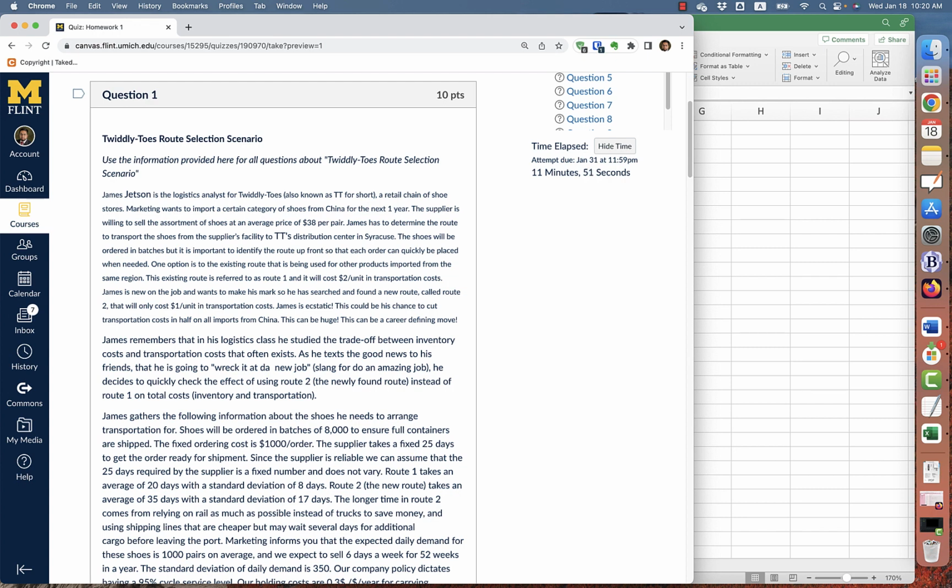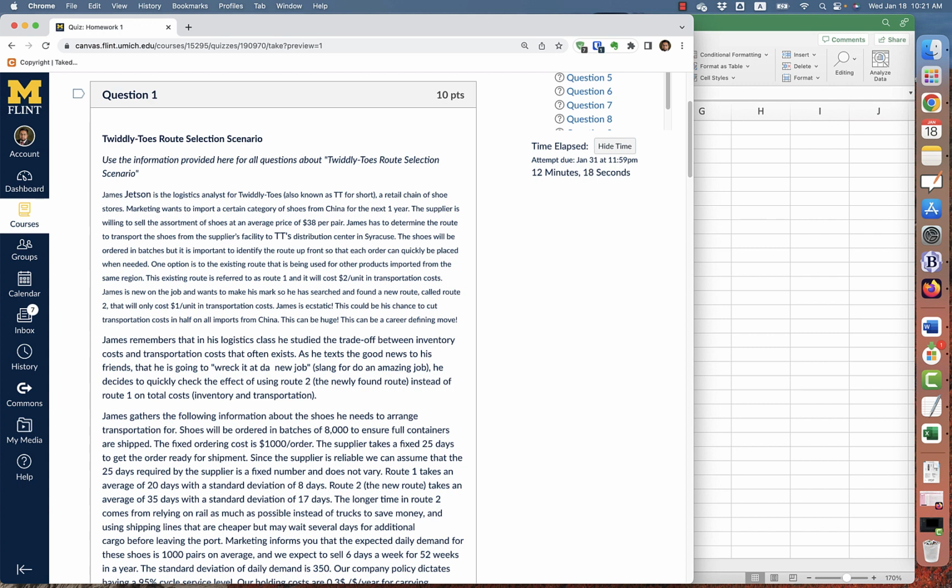Now, from the lectures, you may have learned that we cannot take logistics decisions in isolation. This seems to be a transportation decision, whether you send product to Route 1 or Route 2, and Route 2 is much cheaper, right? So if you want to save on transportation costs, you would go with Route 2. But logistics has trade-offs. If you are saving money in one place, sometimes you increase costs in a different place.